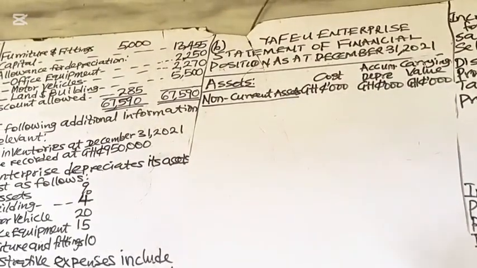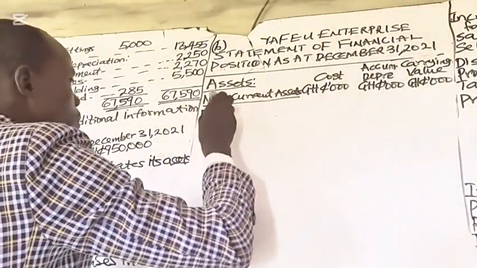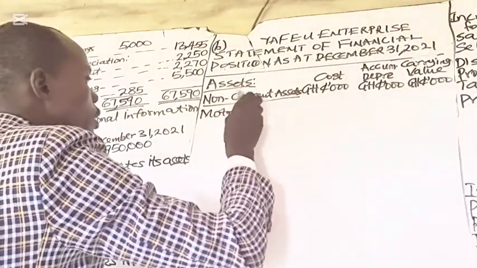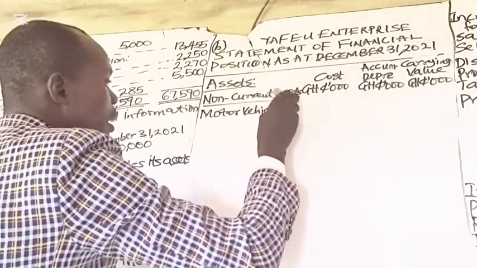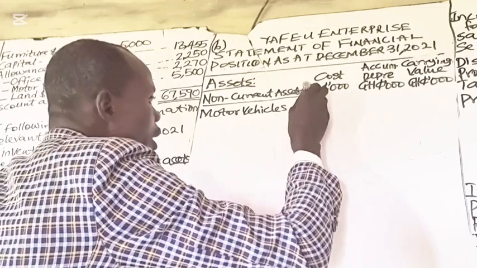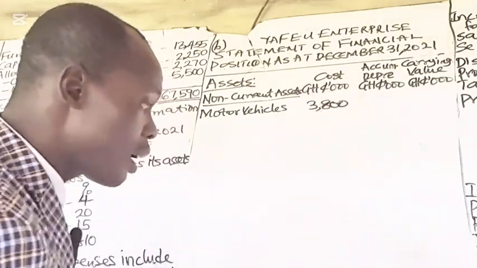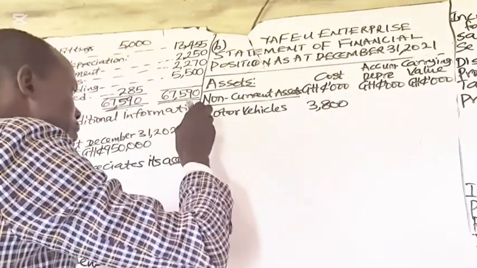The first one is motor vehicles. And the cost of the motor vehicles is 3,800. Then that of the land and building.